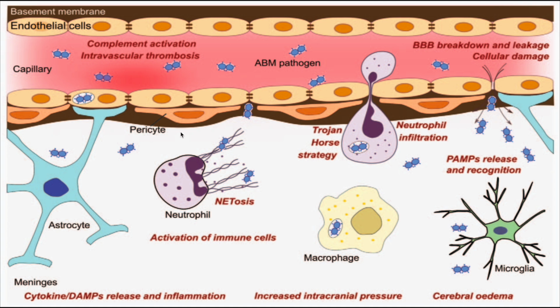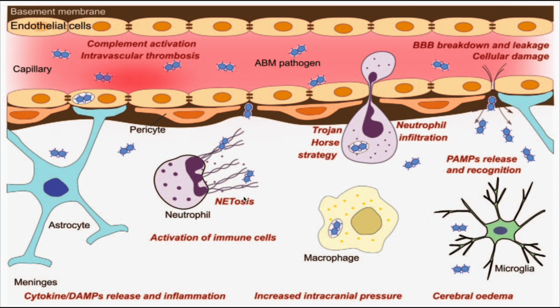Regarding recognition inside the brain, you have the pathogen associated molecular patterns, the PAMPs, and these trigger the microglia, macrophages, astrocytes, and pericytes. These are all trying to fight the infection. These cells release what are called DAMPs, or damage associated molecular patterns, which influence a strong inflammatory response.